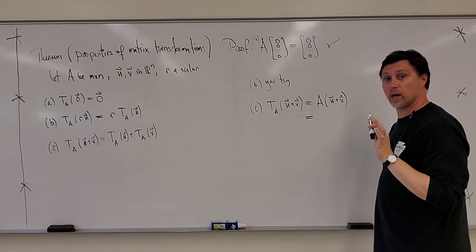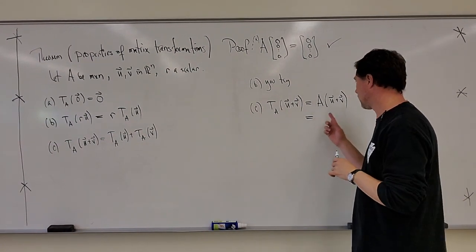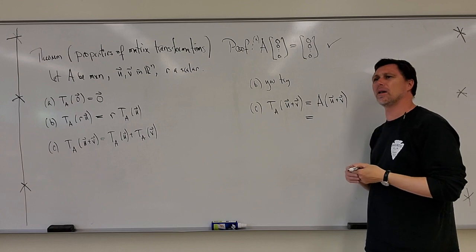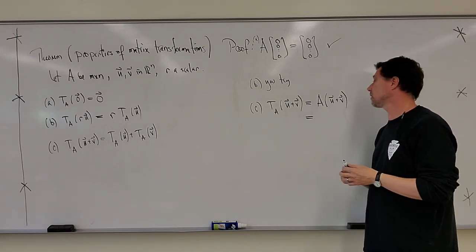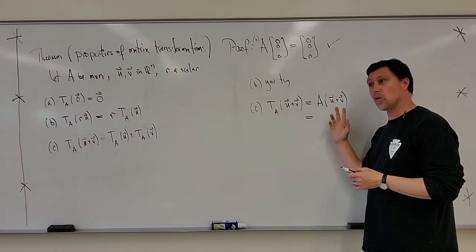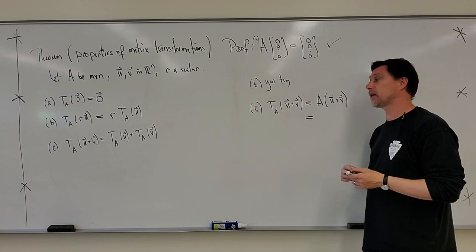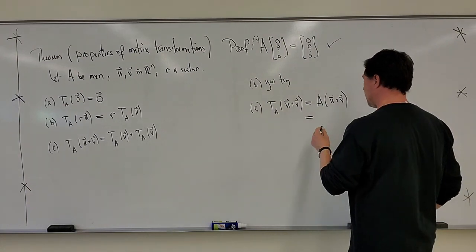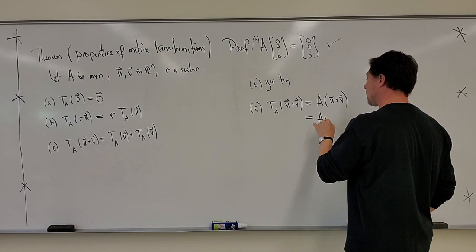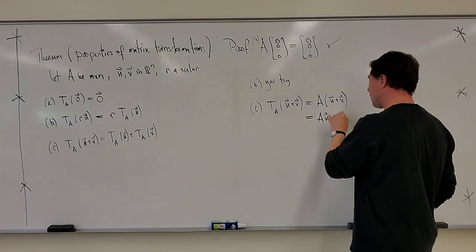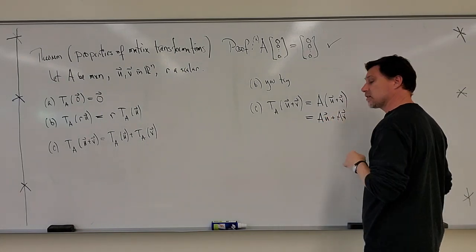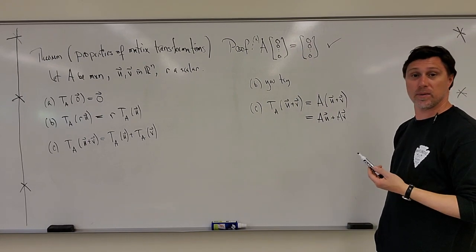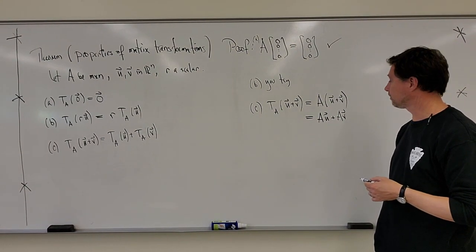Now, we learned a property of matrix multiplication. Remember, in the end, and I like to call them column vectors, but they're still matrices, right? These are both n by 1 matrices. We learned a property of matrix multiplication that tells us that we can rewrite this as A times the matrix u plus A times the matrix v, right? This was a distributive property of matrix multiplication.